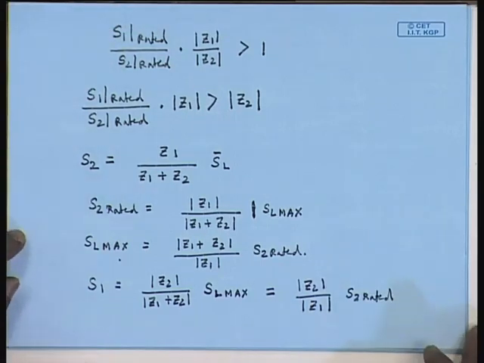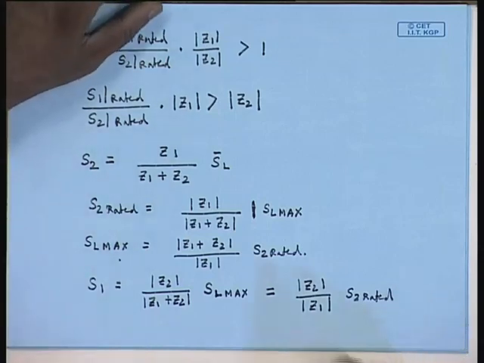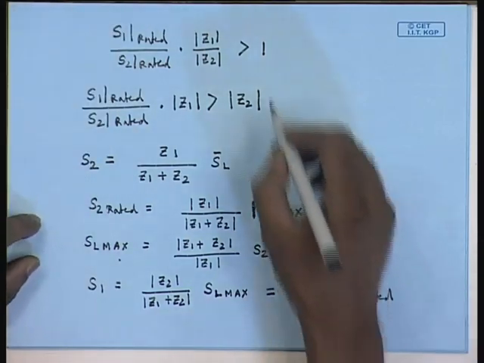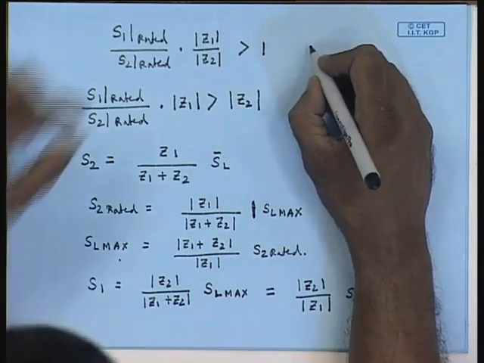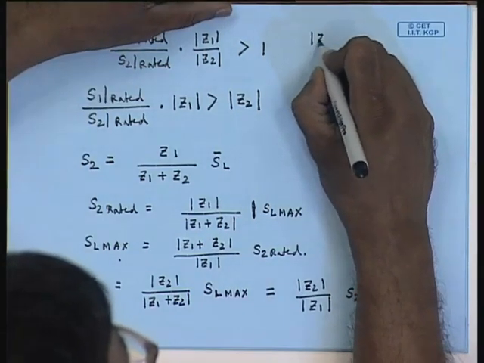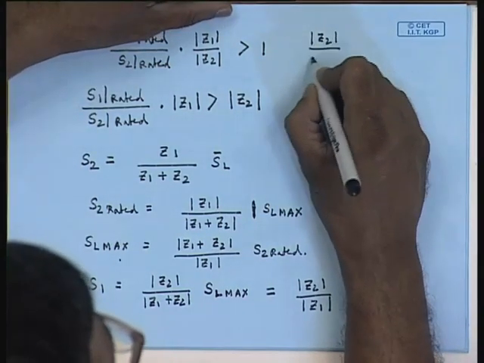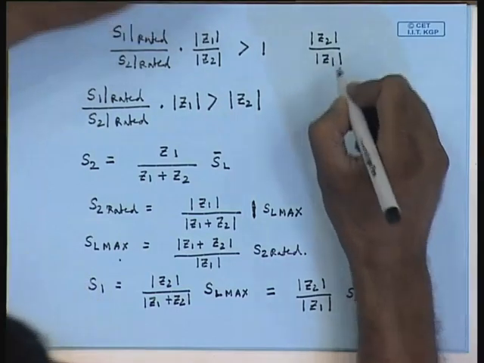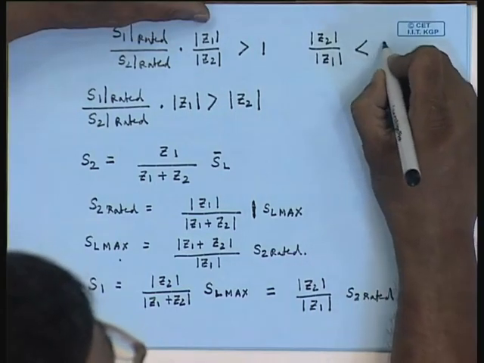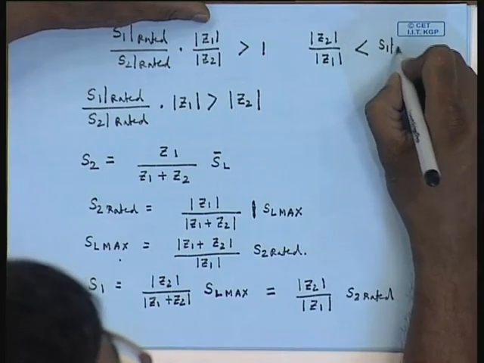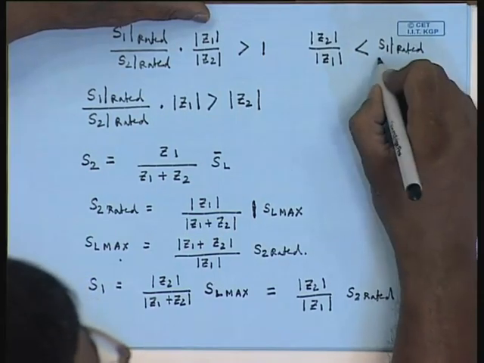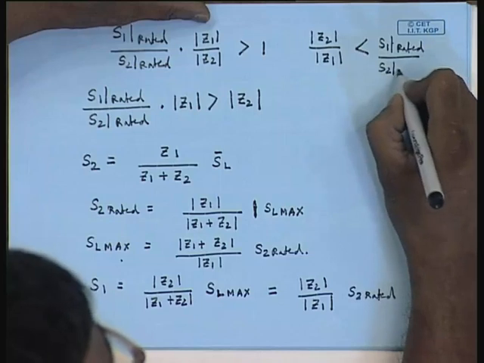But we have seen, from this relation, mod Z2 by mod Z1 is less than S1 rated divided by S2 rated.